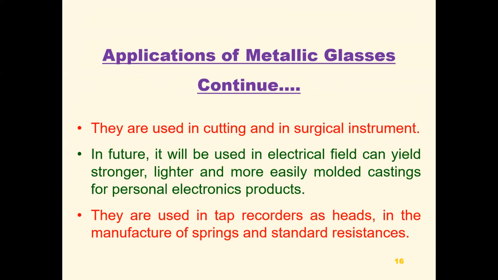Also, they are used in tape recorders as heads, and in the manufacturing of springs and standard resistance, etc. From these different applications of metallic glass, you can see the technological importance of metallic glass materials.